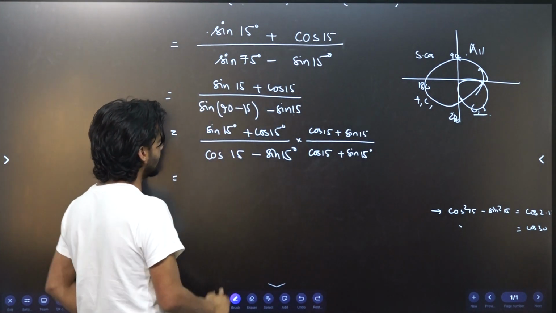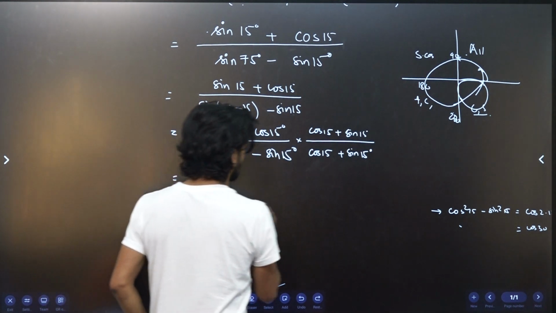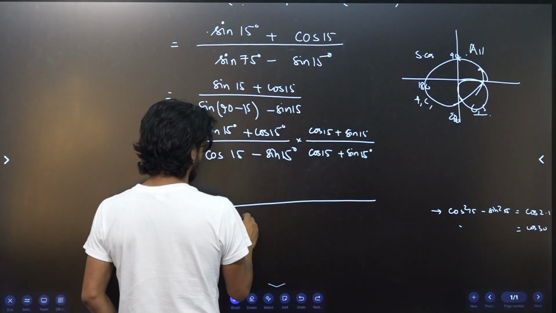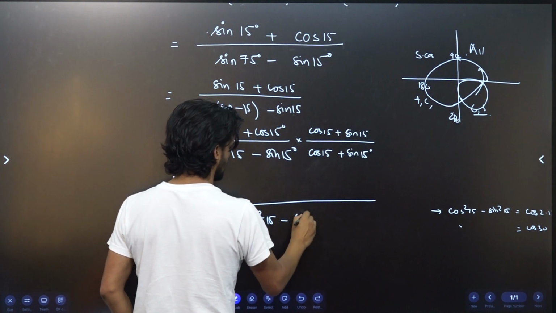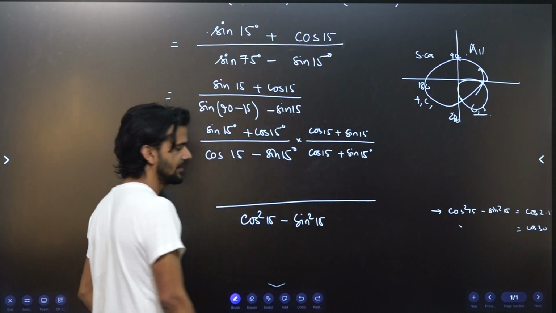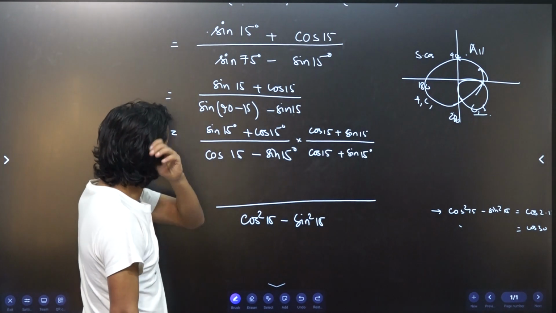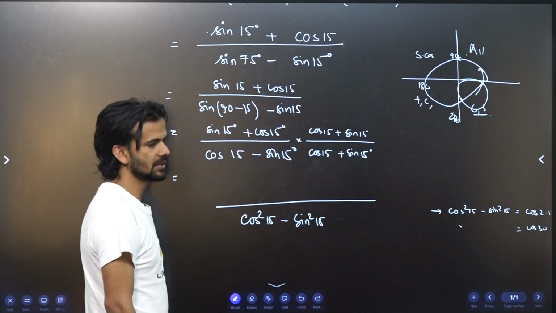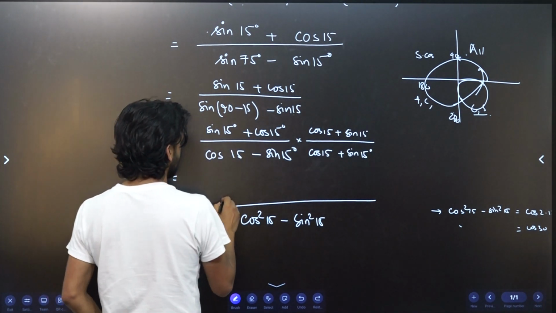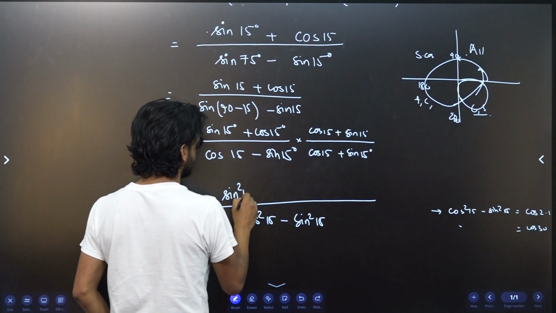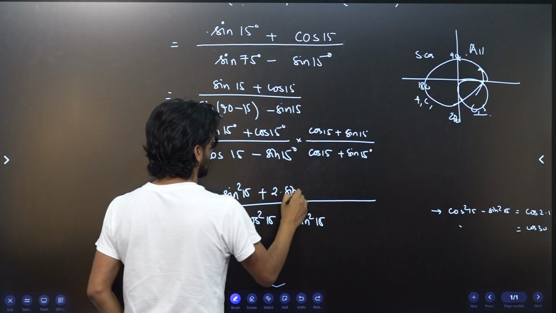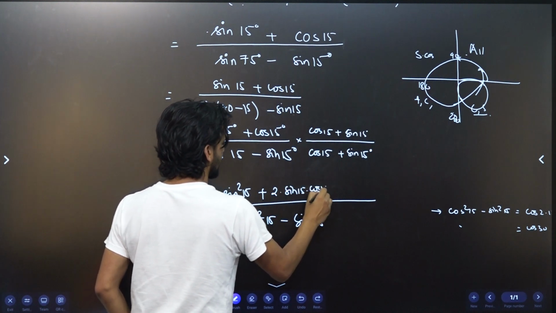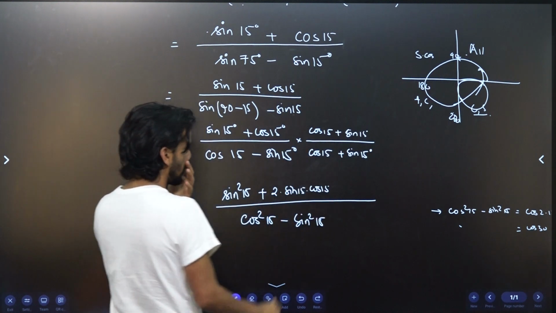Cos A minus B times A plus B gives cos square A minus sin square A. And A plus B times A plus B gives A square plus 2AB plus B square, right? If you multiply, you will know.